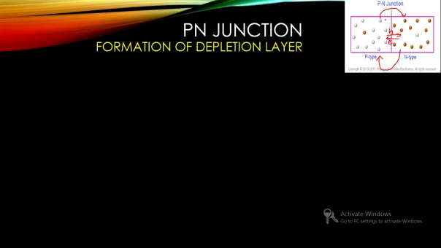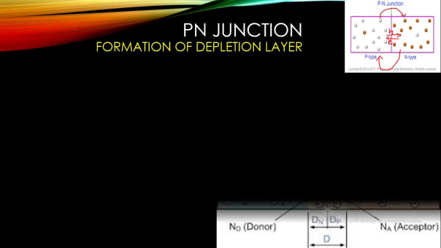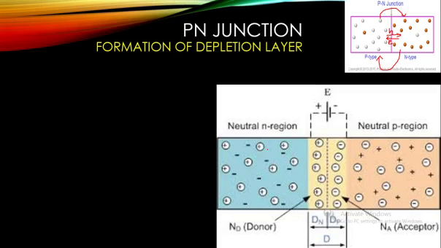So what will be left behind? Their parent atom or parent ion will remain. That is explained here. This is the n region and this is the p region. In the n region there are lots of electrons available as majority carriers, so they flow towards the junction, while in the p region there are lots of holes, which have positive charge, and they will flow towards the junction.